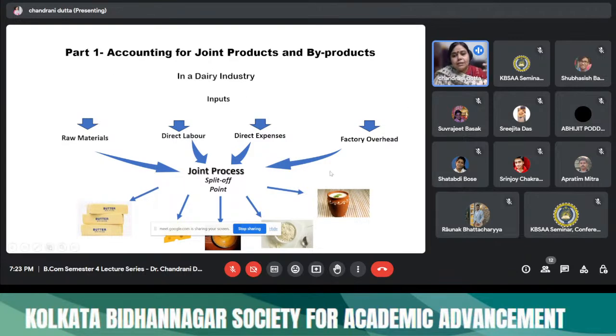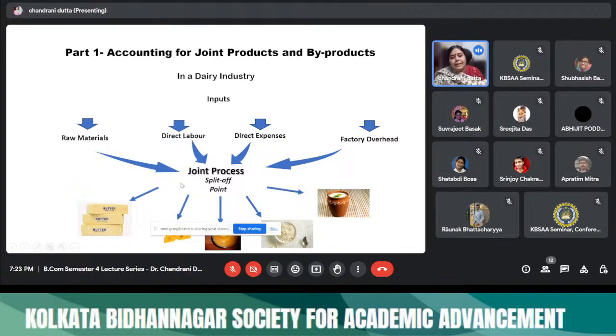These are the inputs, the costs that are incurred: the raw material cost of the milk, wages paid to the laborers, direct expenses, and processing in the form of fermentation and sterilization. All these inputs together take place in a joint process.